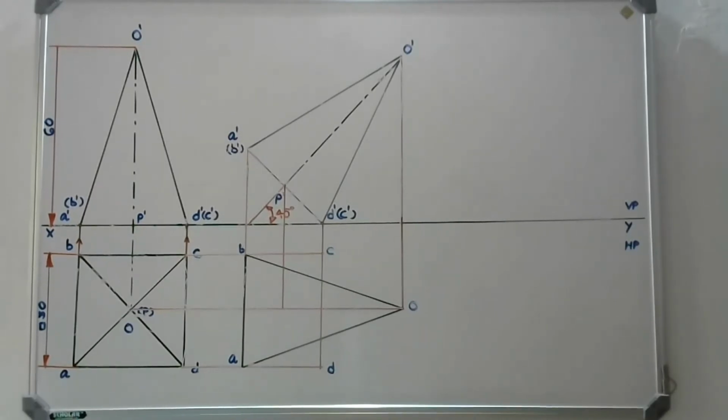To get the second top view corresponding to this case, we are projecting the front view, where the axis is tilted at 45 degree to the horizontal plane, and all the corners of the solid in the first top view to the right side. The meeting point will give the corresponding top view for the second case.